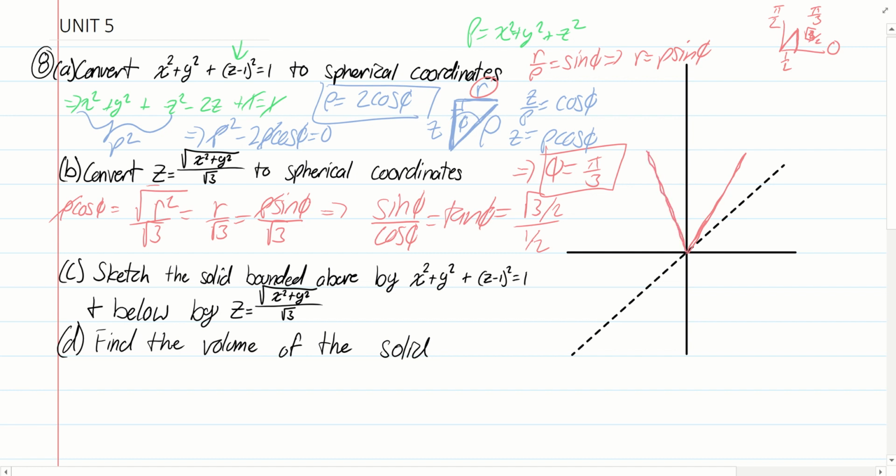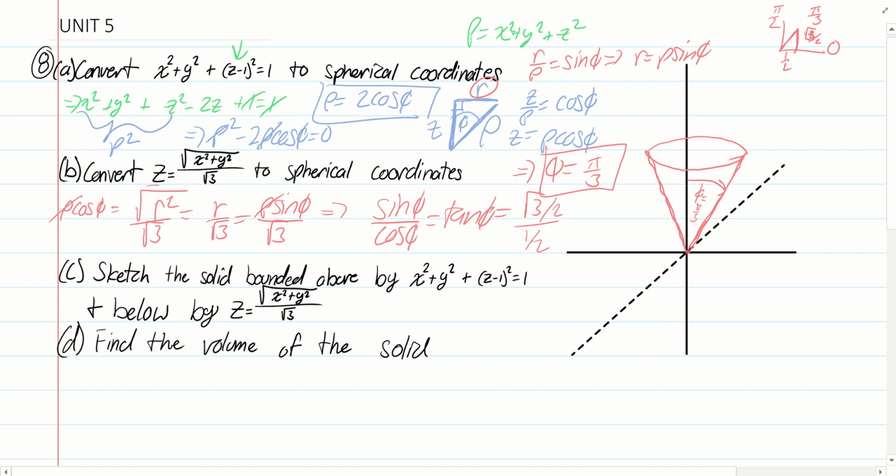So this angle from the z-axis out to this line here is always going to be pi over 3. That angle phi equals pi over 3 is just constant all the way around.